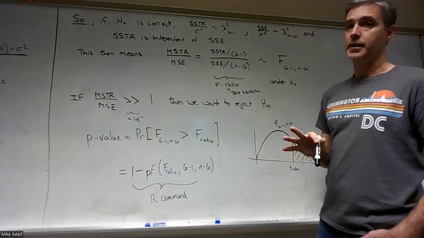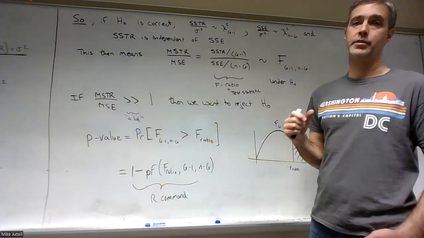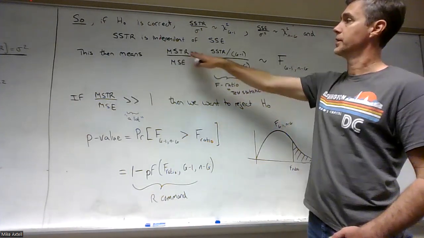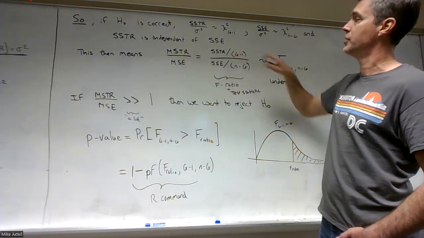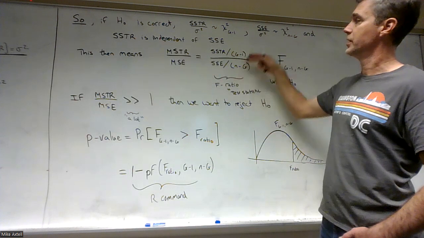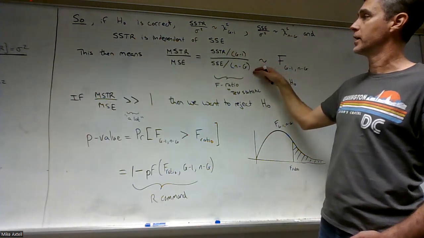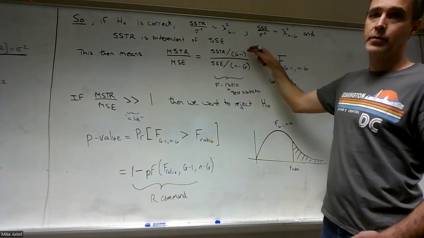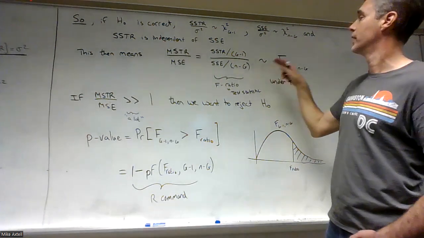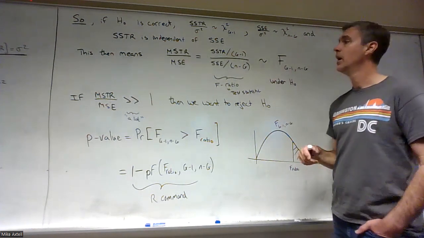Now, this means I can take the quotient of two chi-square distributed quantities. So I take SSTR divided by G minus 1 over SSE divided by N minus G. So that's chi-square over another chi-square. It turns out when you take one independent chi-square divided by another independent chi-square, you create a new distribution called an F distribution, okay?